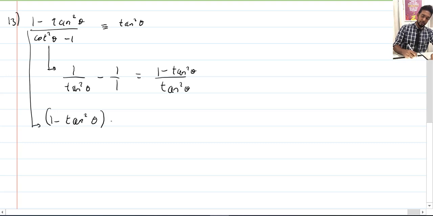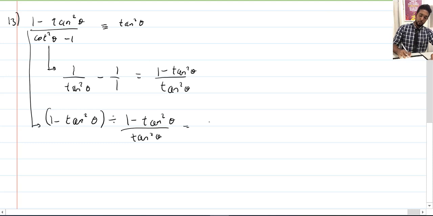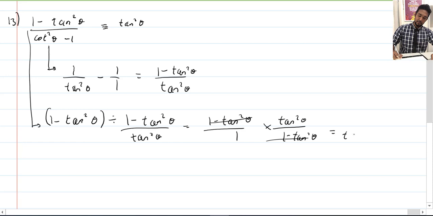So we could do 1 minus tan squared theta divided by 1 minus tan squared theta all over tan squared theta. And what's the protocol for dividing with fractions? We change divide to multiply and invert the divisor. And look at that, the expression 1 minus tan squared cancels with itself, giving us tan squared theta.